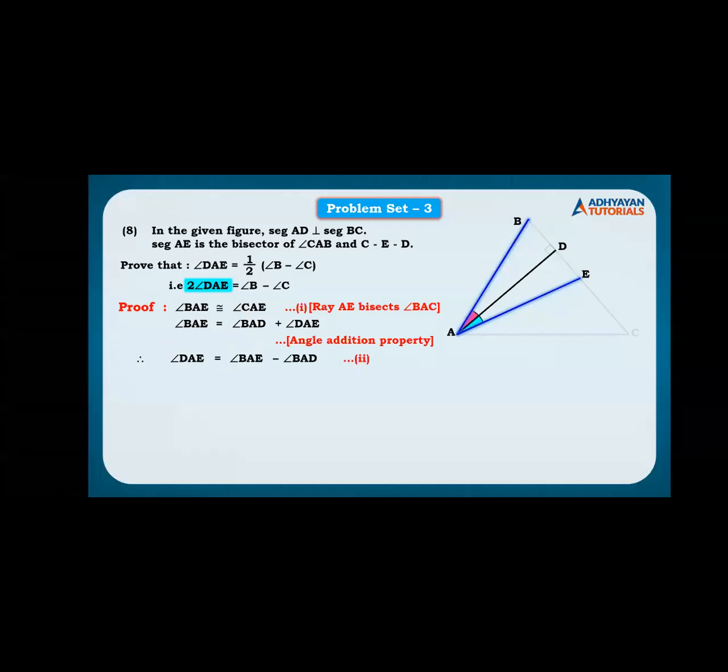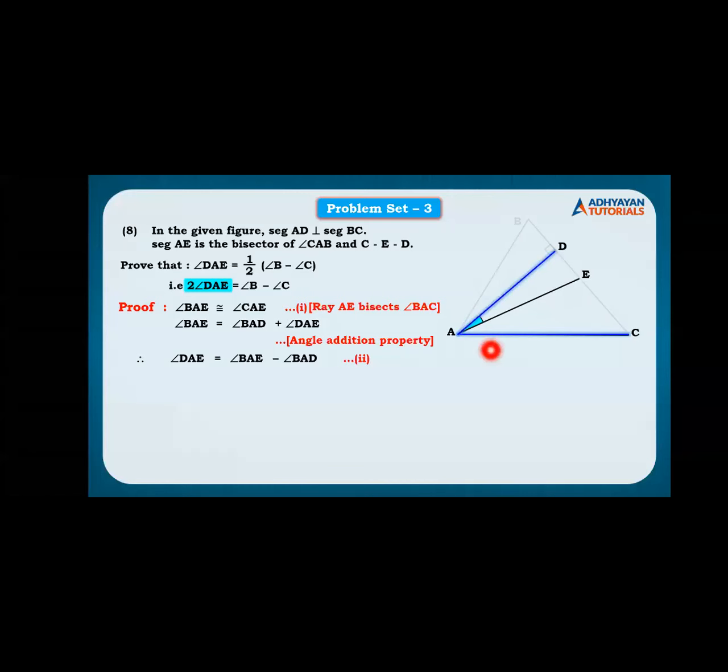I hope everybody has understood this, right? So to get DAE I've considered one bigger angle, which is BAE. Once again, to get DAE I will consider another bigger angle, which is supposed to be DAC, right? Which I've highlighted on the screen as well. Those children who don't understand, you can just look at the figure, you'll understand.